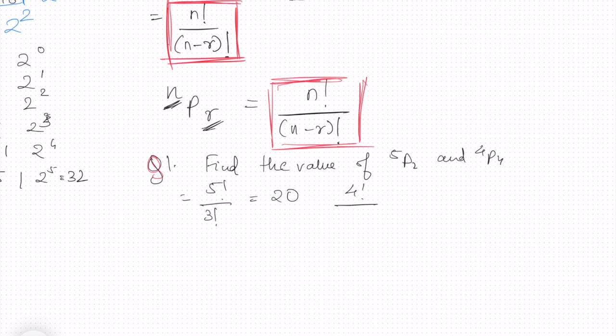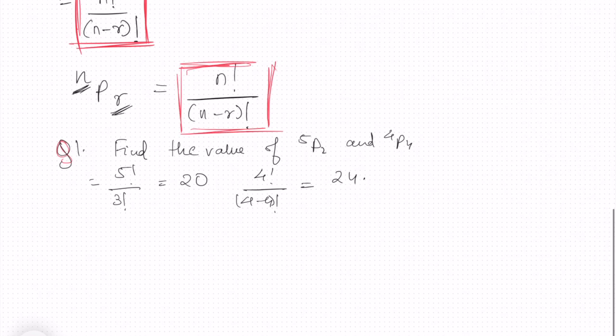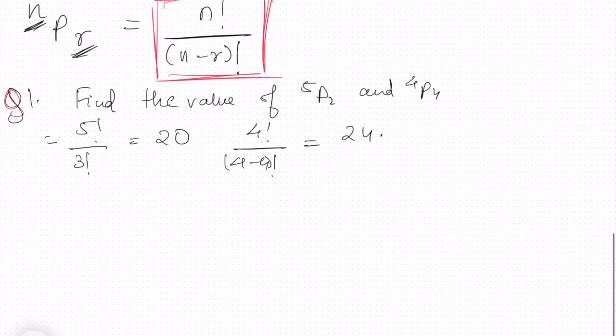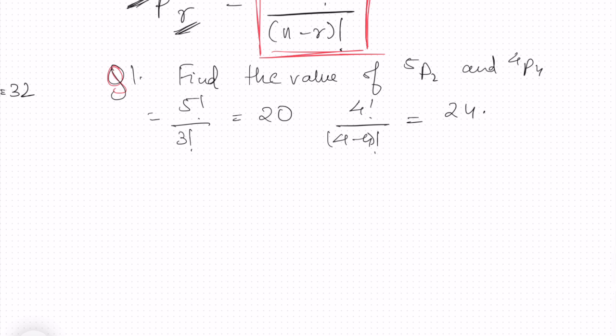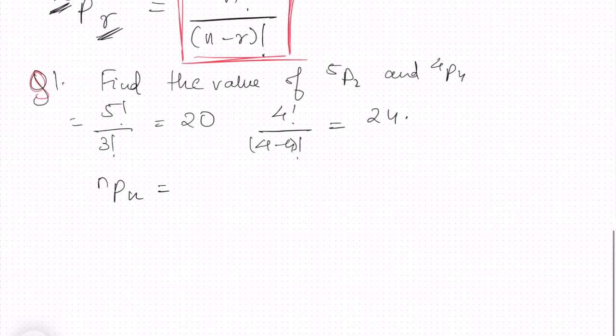And 4 factorial by 4 minus 4 factorial, or 4 factorial by 0 factorial, is 24. And this is a rather useful result to know, that nPn is just equal to n factorial.